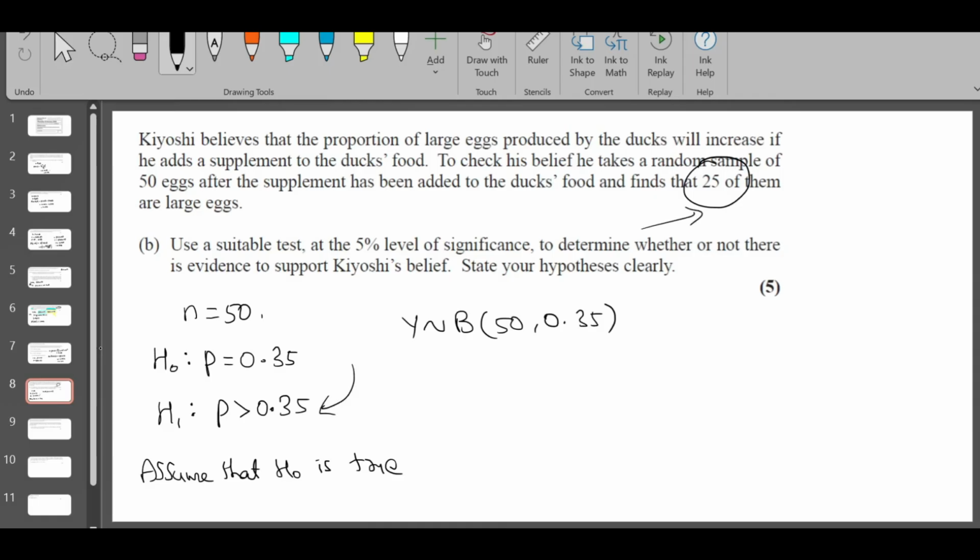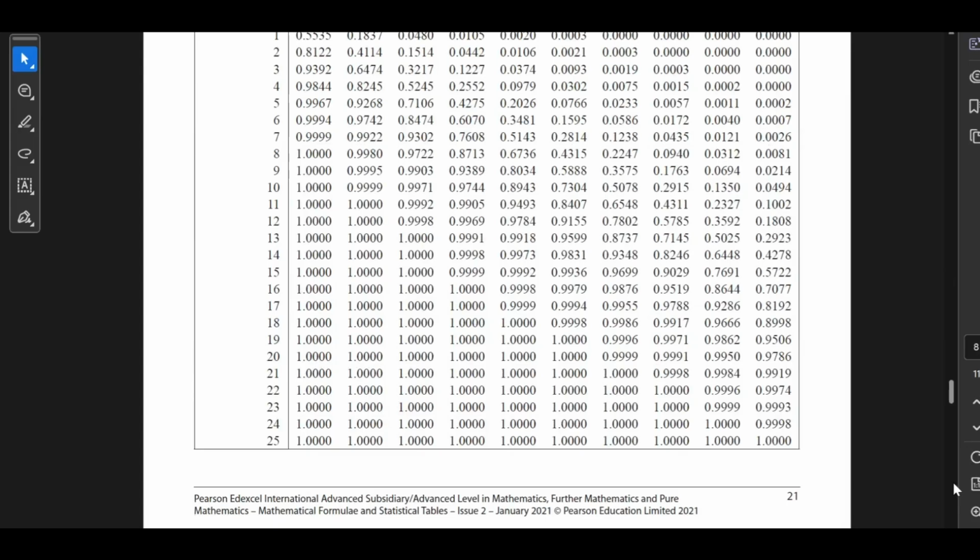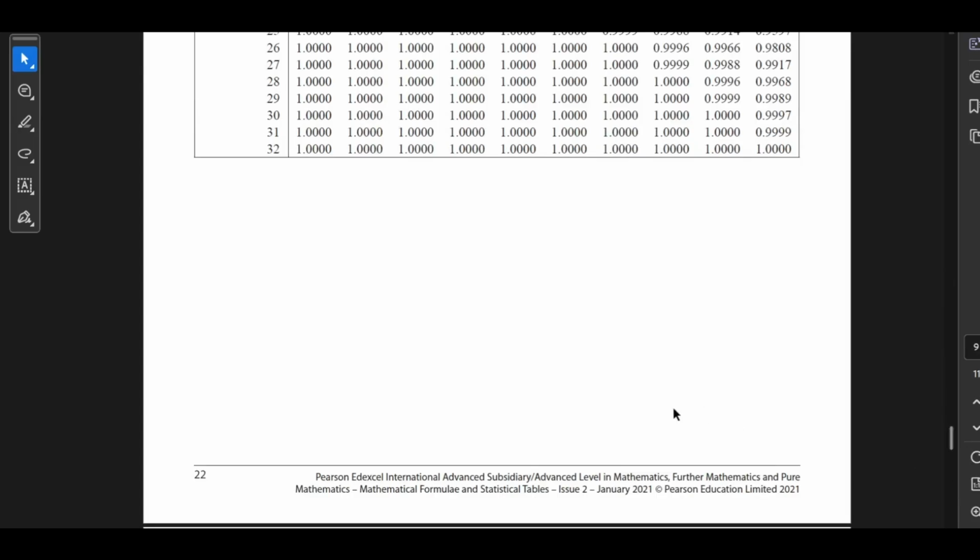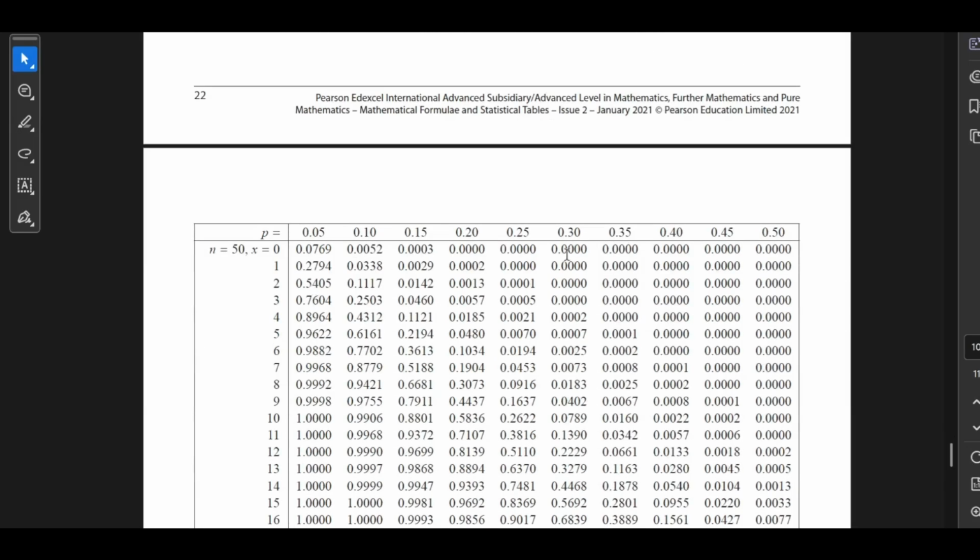It's a one-tailed test, so we need to calculate P of Y greater than or equal to 25, which is 1 minus P of Y less than 25, or less than or equal to 24. So the value of n is 50, p is 0.35, x is 24. Okay, 50 is here, 0.35 is here.